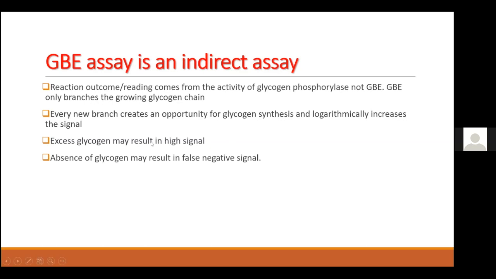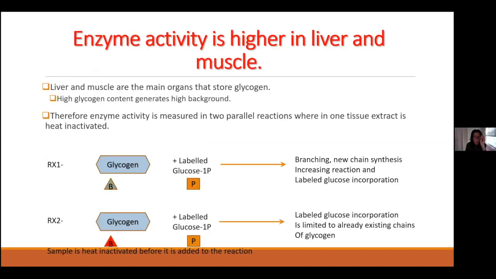If there is too much glycogen, it gives a false negative. Or if there is no glycogen at all, then we also get a negative signal, which might suggest that the patient doesn't have APBD. But this doesn't mean that they do not, because if there is no starting glycogen, measurement is going to be impossible in this setting.